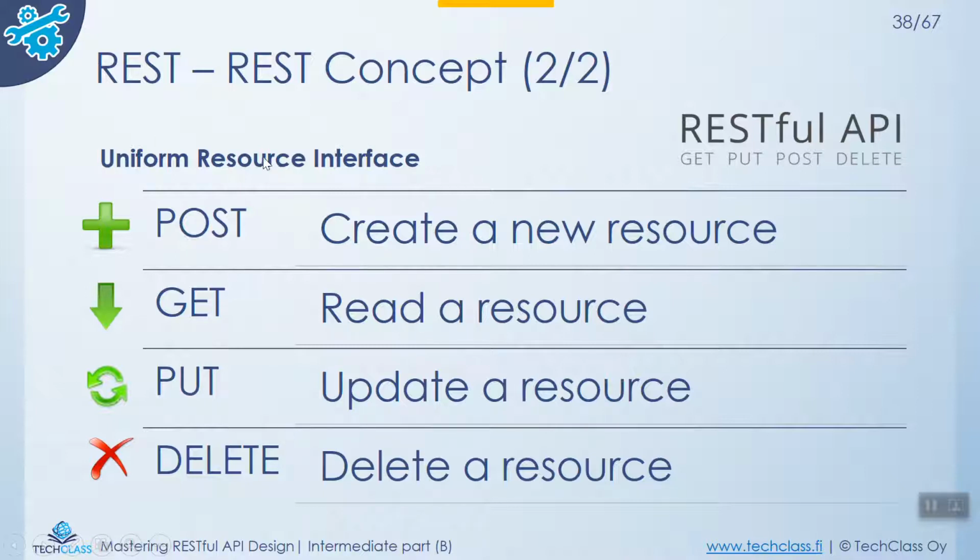So all of their names are nicely familiar, but put is a bit different, or post as well. But basically we are posting a new resource, or we are getting a resource, or we are putting a resource in the place of a previously created resource, or deleting a resource.